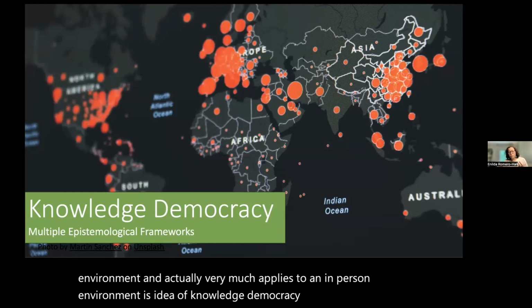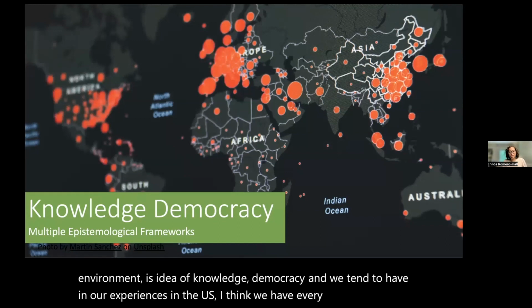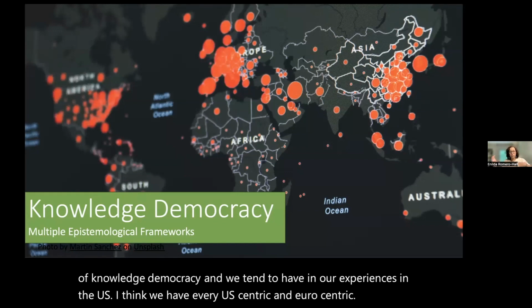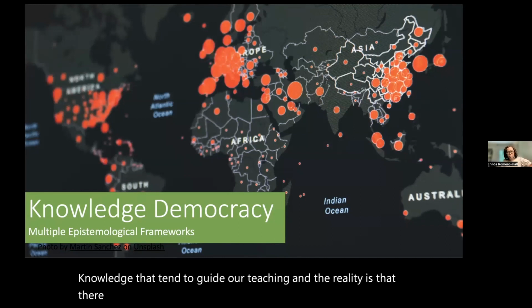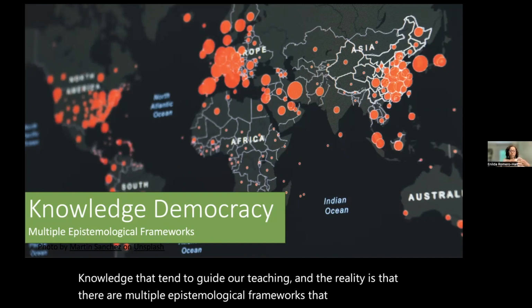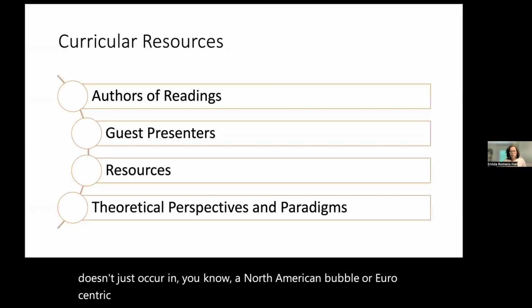In our experiences in the US, I think we have very US-centric and Eurocentric knowledge that tends to guide our teaching. And the reality is that there are multiple epistemological frameworks. Knowledge doesn't just occur in a North American bubble or a Eurocentric bubble.